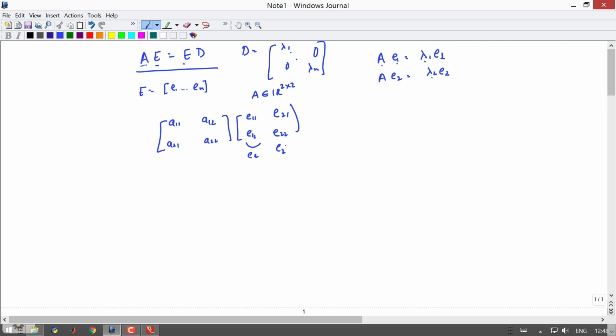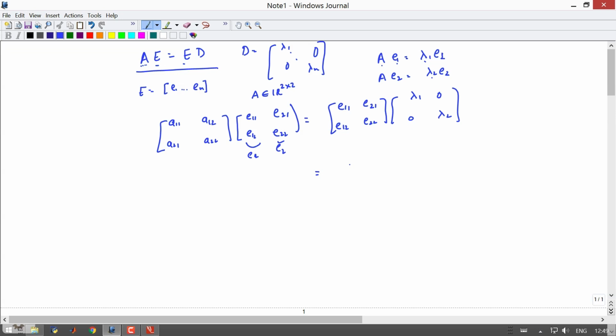So this is my E2. On the right hand side I can write this again as E11, E12, E21, E22 with lambda 1, 0, 0, lambda 2.